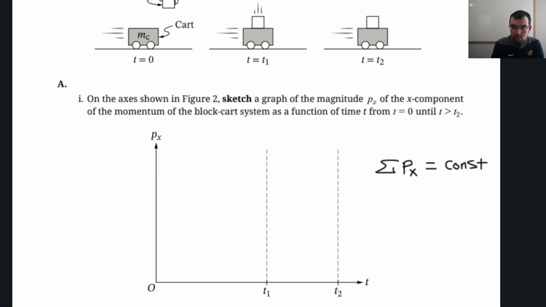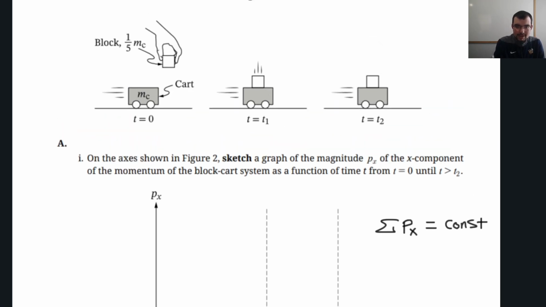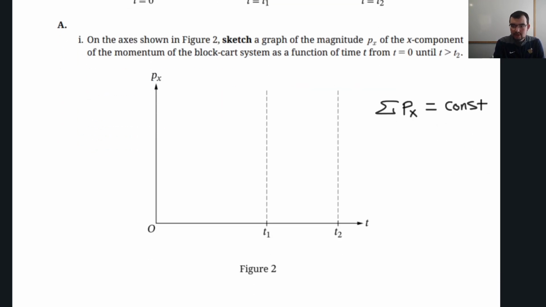It wouldn't be in the y if you're dropping that block on the cart and the cart bounces to stop it vertically. So we're just looking horizontally. So we're conserving momentum in the x direction. That allows us to just draw some sort of a constant curve there.